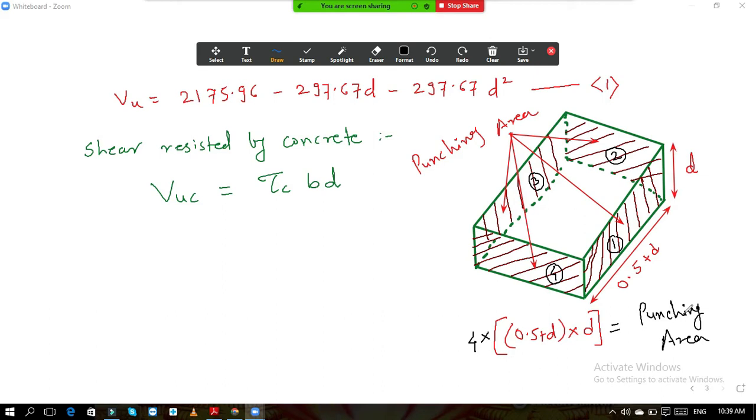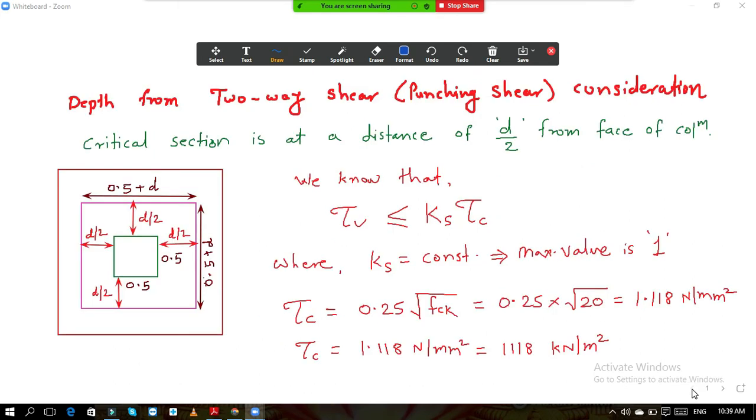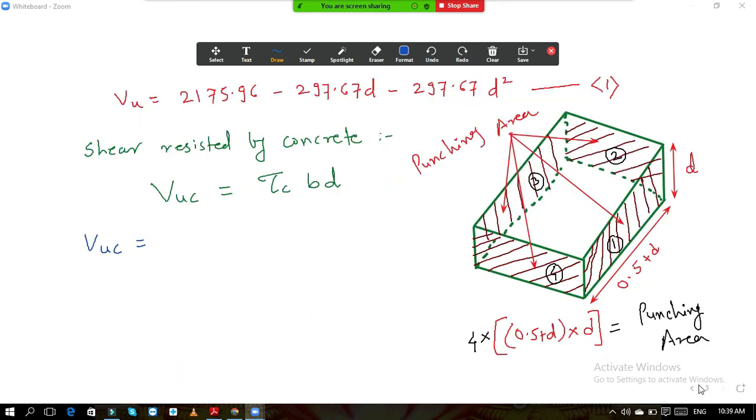Okay. So now I will write VUC, shear resisted by concrete, is equal to tau C, permissible stress. So what was the permissible stress we have calculated? The permissible stress is 1118 kilonewton per meter square. So I will take that, 1118, into what is my punching area? This whole area is the punching area, whatever is written over here.